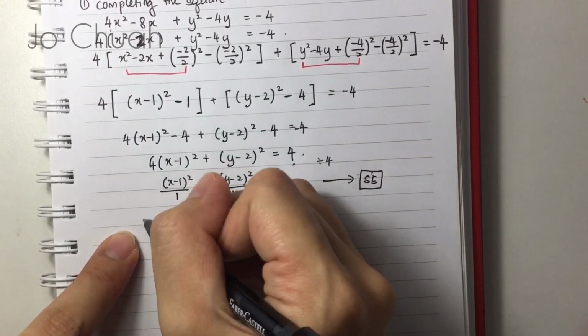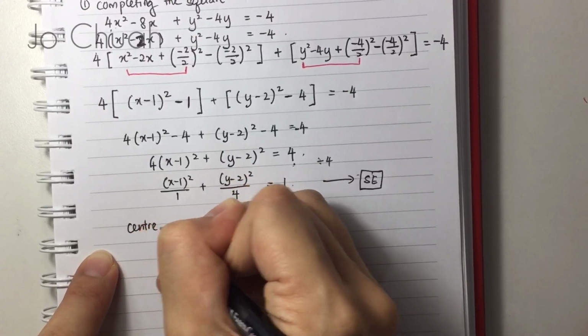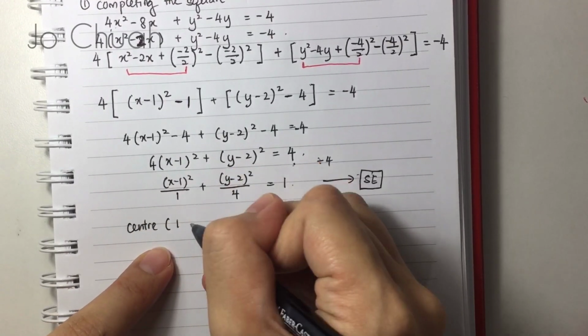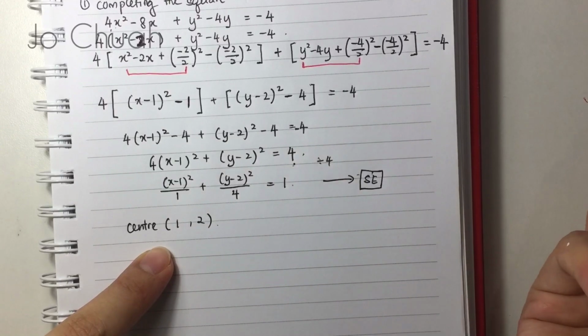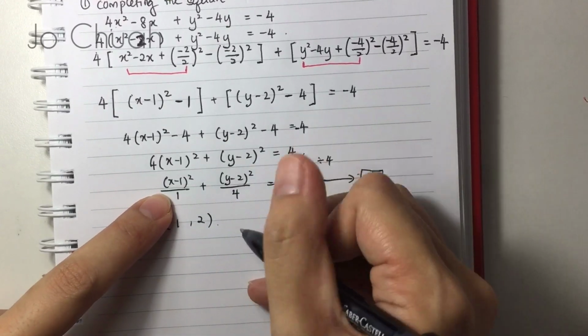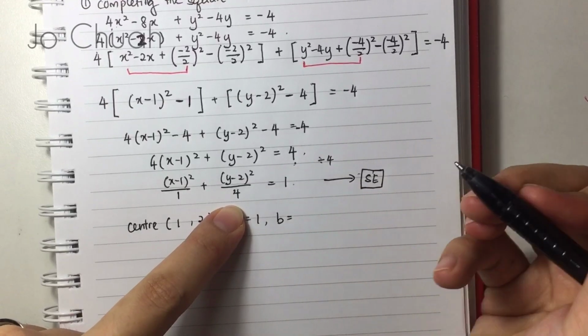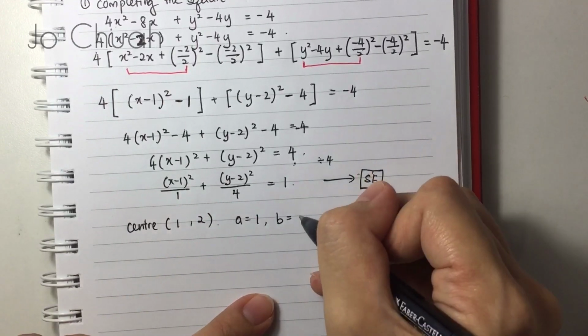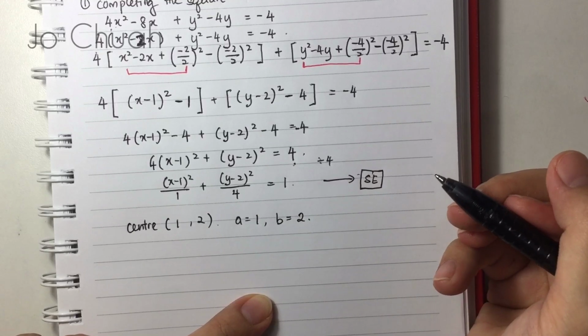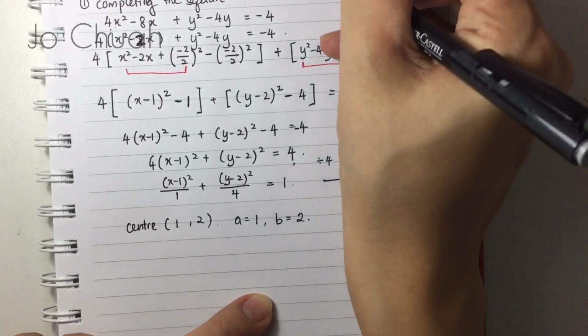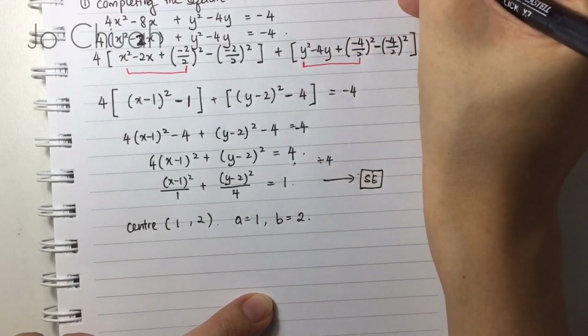So you can see that the center is 1, 2, alright? And then the A would be 1, the B would be square root of 4, so 2. Okay, so if you're going to state the conic section, it is actually an ellipse.